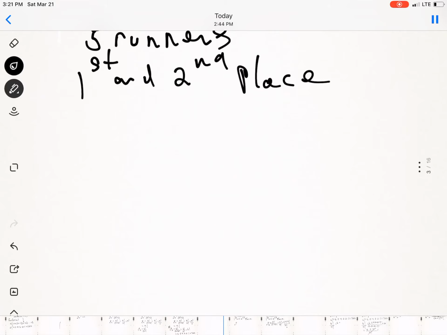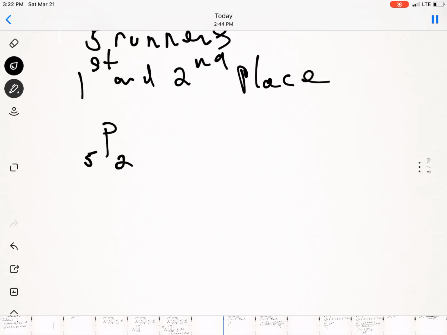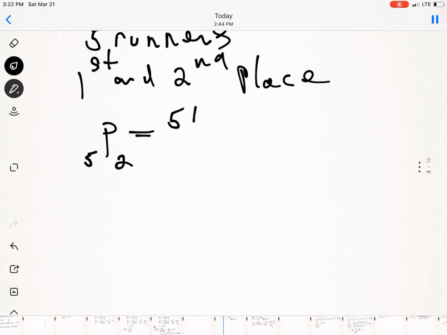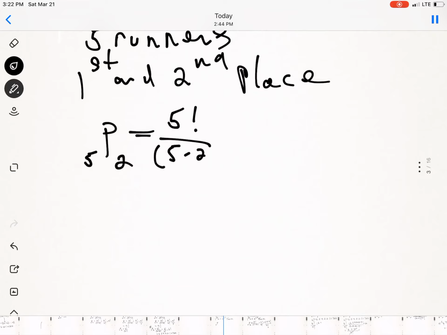So that is a permutation. Now in this case, we have 5 runners, and we want to know how many different possibilities there are for first and second place. So we'll have 5 factorial divided by 5 minus 2 factorial.